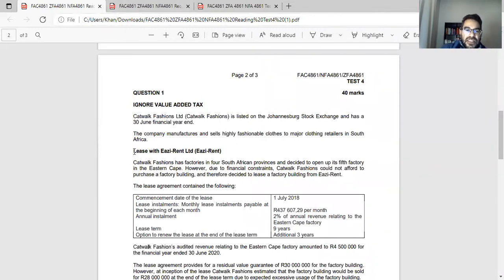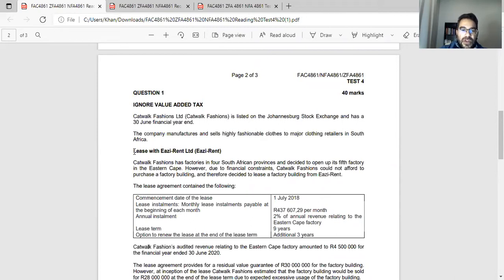Okay, so basically the highly fashionable clothes, that is the main business operations. So here they say lease with Easy Rent Ltd. Catwalk Fashions has factories in 4 South African provinces and decided to open up its 5th factory in the Eastern Cape. However, due to financial constraints, Catwalk Fashions could not afford to purchase a factory building and therefore decided to lease a factory building from Easy Rent.